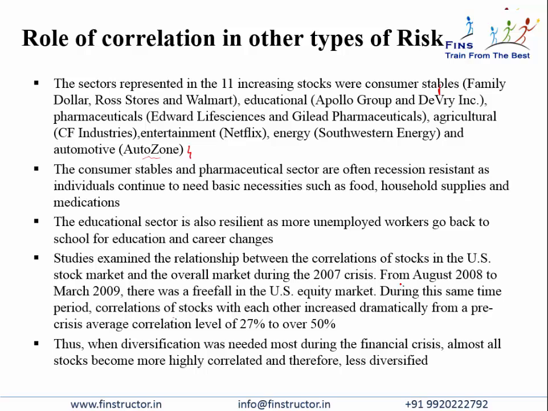Staples and pharmaceuticals are understandable because they are often recession resistant, as people need to consume basic necessities like food and medicine. Education is also resilient, as unemployed people go back to school and want to study more.